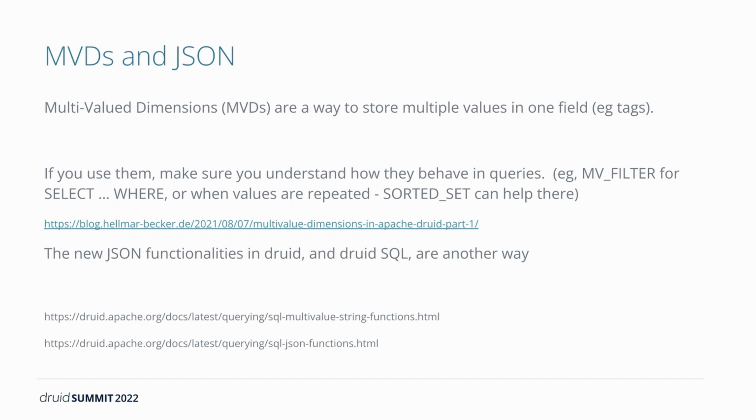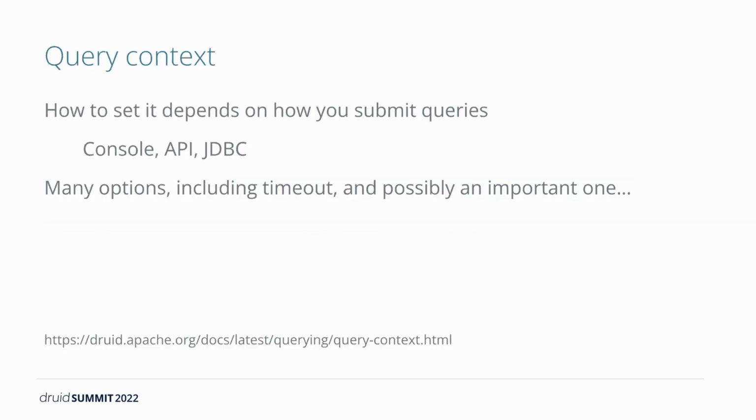A more general thing to be aware of is the query context. This is a way to set some parameters for your query, like timeouts and things like that. The way that you set them depends on how you're submitting your queries.